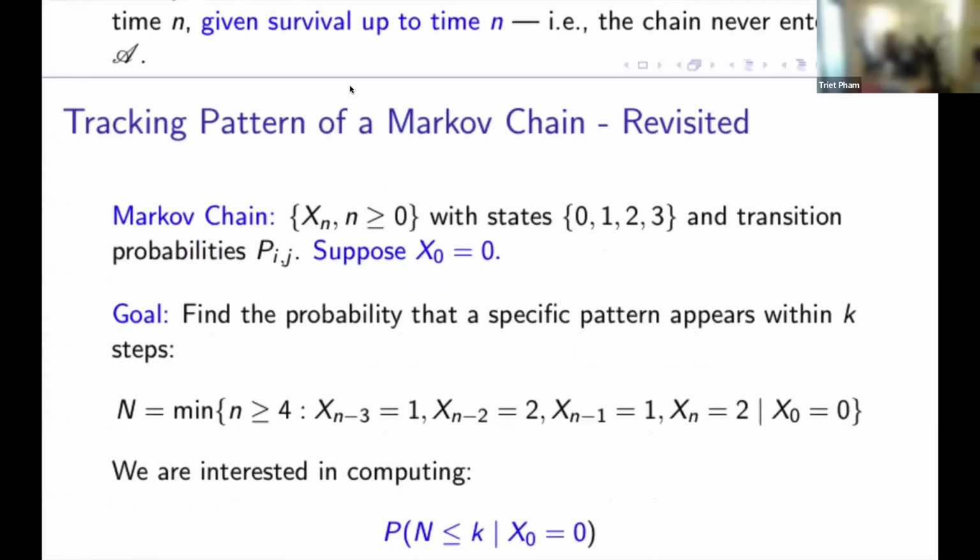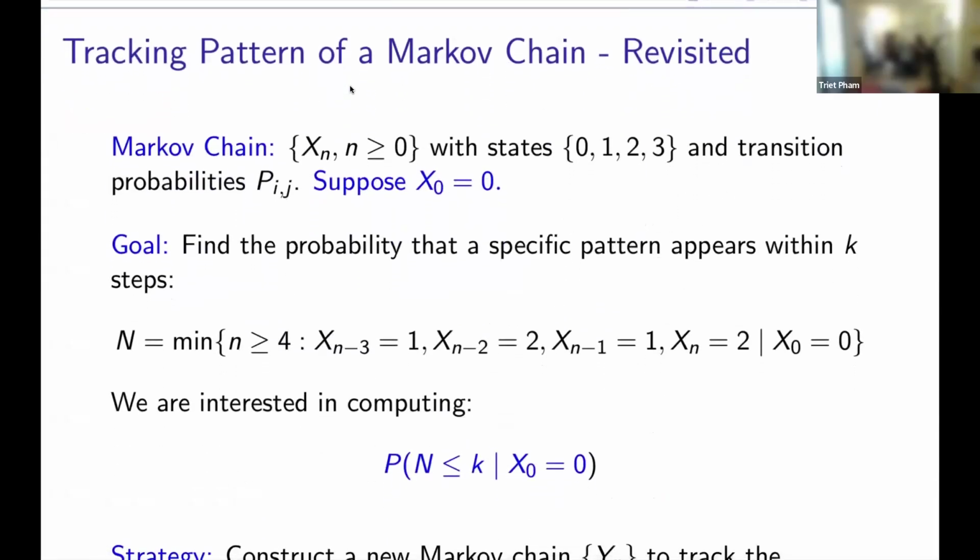All right, so now the last topic we want to go over is the tracking of a pattern of a Markov chain. This is where we also got some hiccup last time, right? And so the problem again is that we have a Markov chain, and we suppose we start at state 0, okay? And we want to find the first time that we hit the pattern 1, 2, 1, 2, starting at 0, okay?